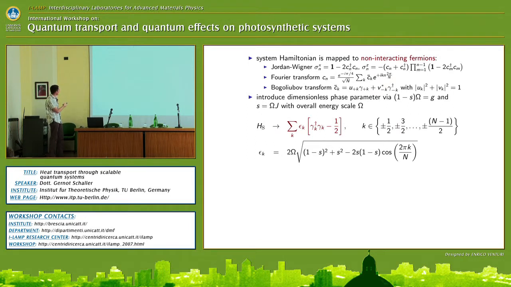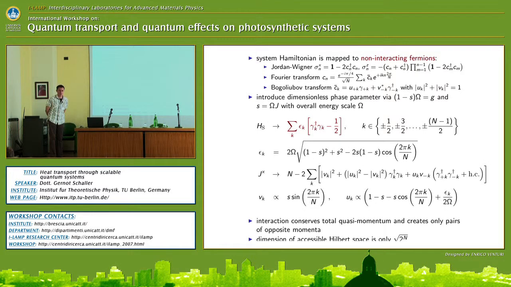You do that mapping, and you get a very simple form of the Hamiltonian where the dependence on these parameters, which we've mapped into a phase parameter, comes into this dispersion relation here. And this quasi-momentum k is only allowed to assume discrete values for finite chain length.